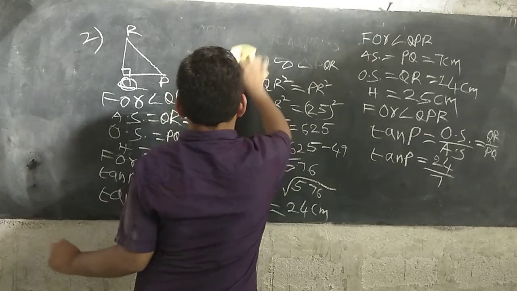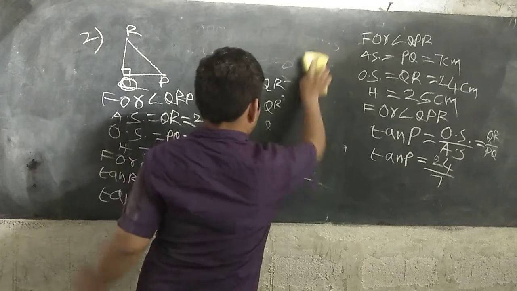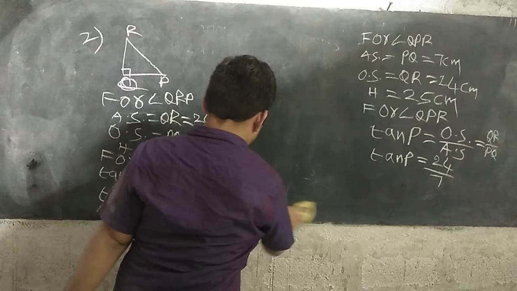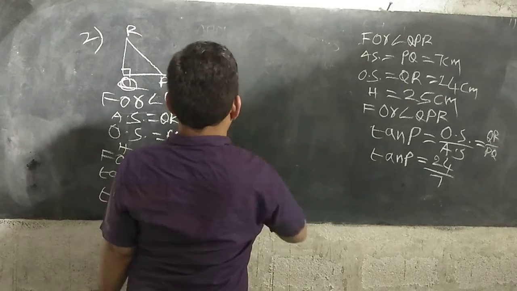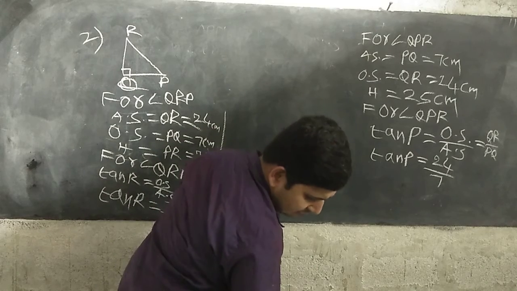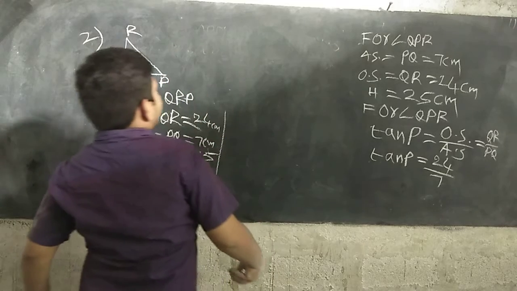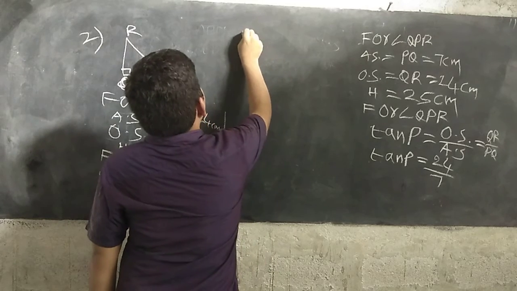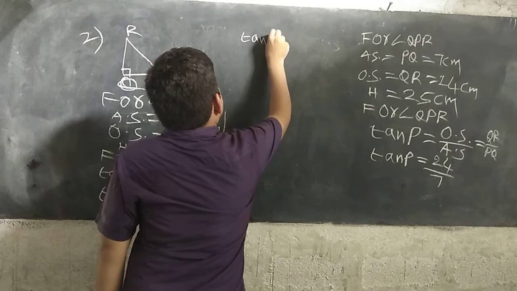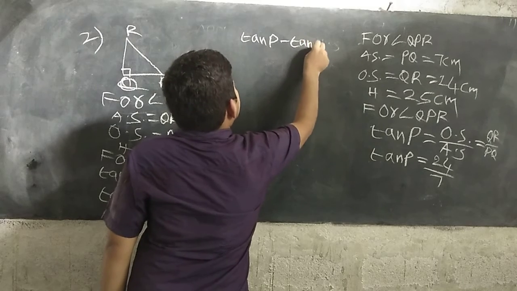Now, you have to find tan P minus tan R. Tan P minus tan R equal to what?